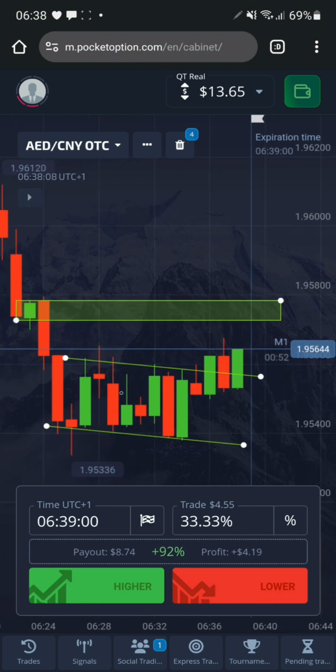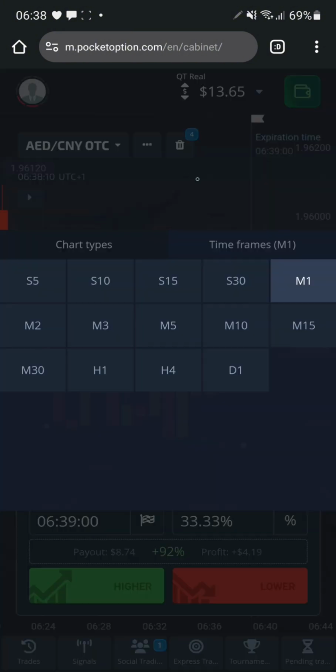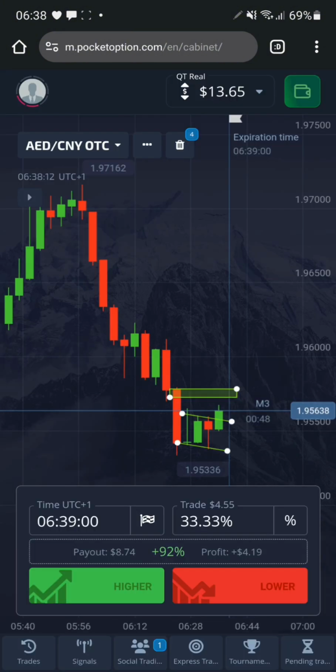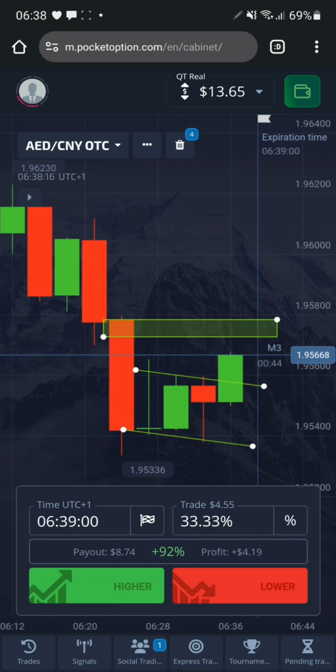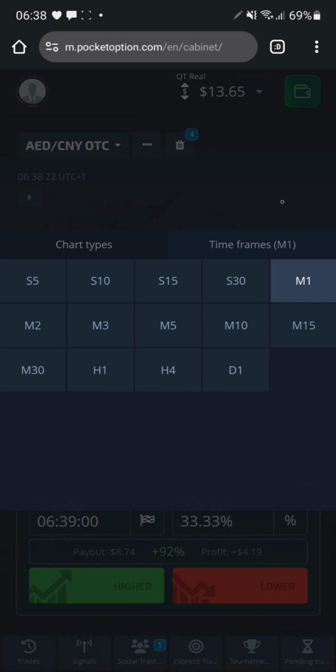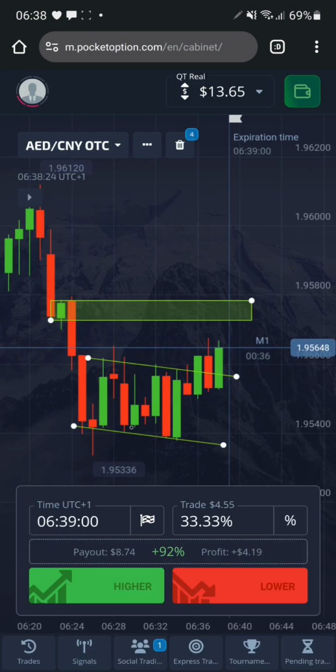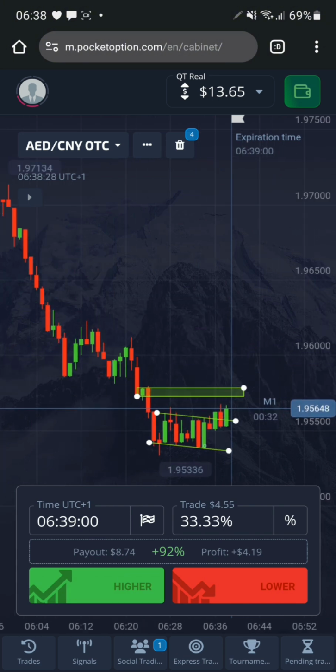But because we don't have a doji candle here, or let me check, let's check a higher time frame. Okay, we have a doji here. There's a spinning candle here also. Okay, I think we can trust it, but the rejection market is kind of over at this moment.